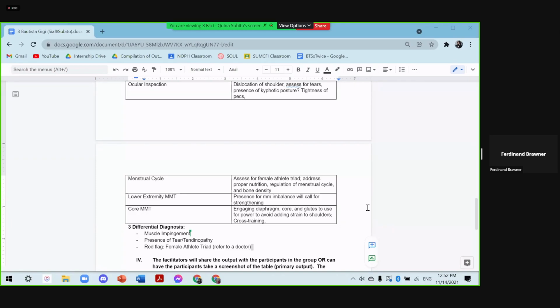Perhaps, again, she might have some psychological concerns with that. So that's the reason why we need to refer this particular athlete patient to a doctor to address the female athlete triad. I think that's for our case. Thank you.